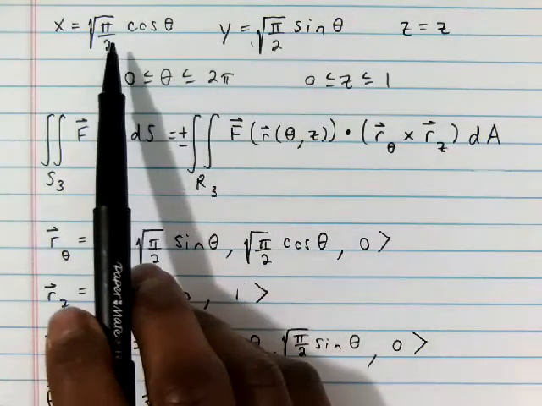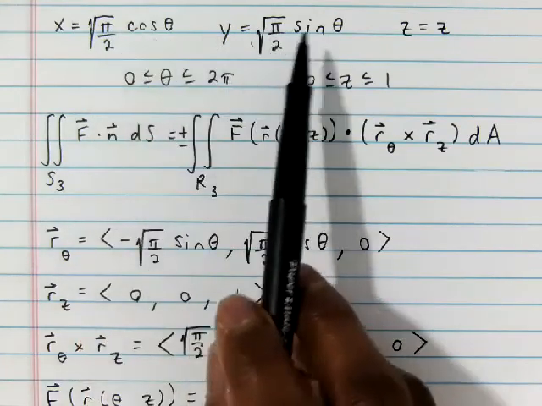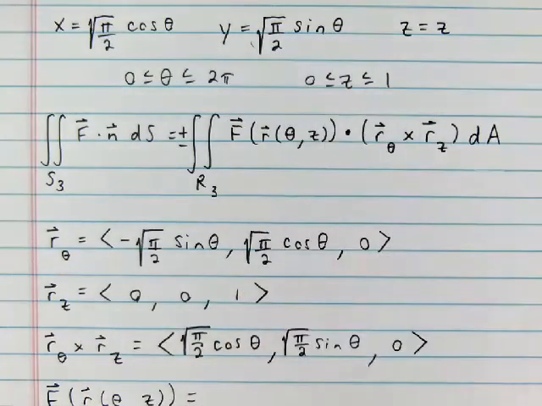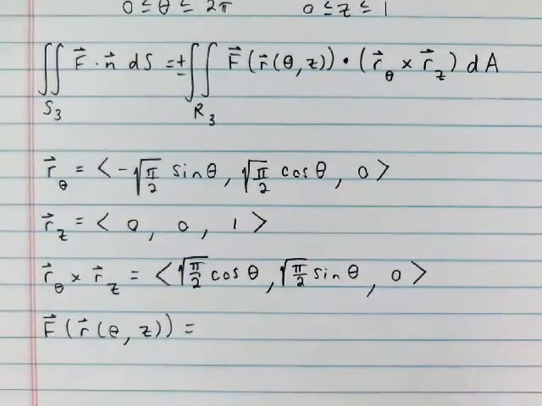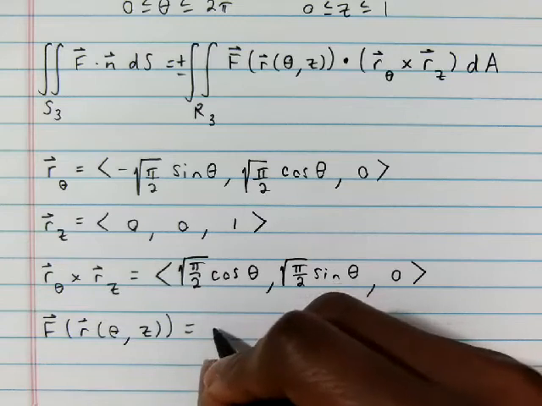So here, when we do that, we would get pi over 2 times cosine squared theta plus pi over 2 times sine squared theta, which is just pi over 2. So our first component is just going to be sine of pi over 2.